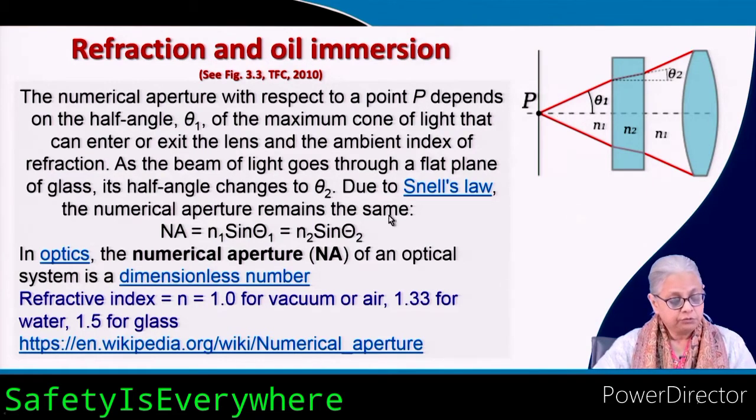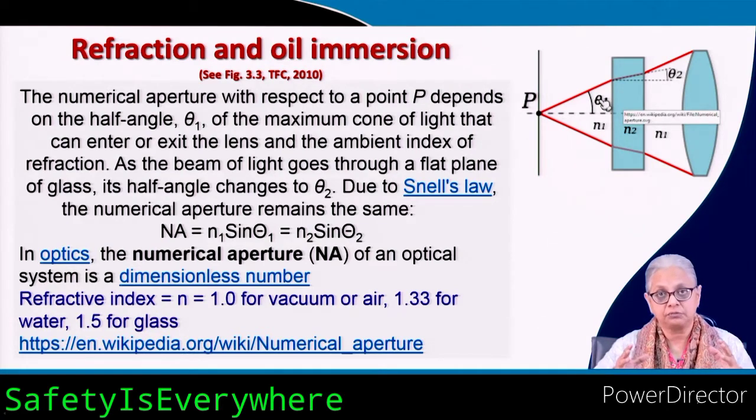Now if you look at the numbers, n is equal to 1 for vacuum or air and 1.5 for glass. I don't want this change in refractive index because that is causing more light to be scattered, and what I get in terms of reflection from the object is going to be much less, right?